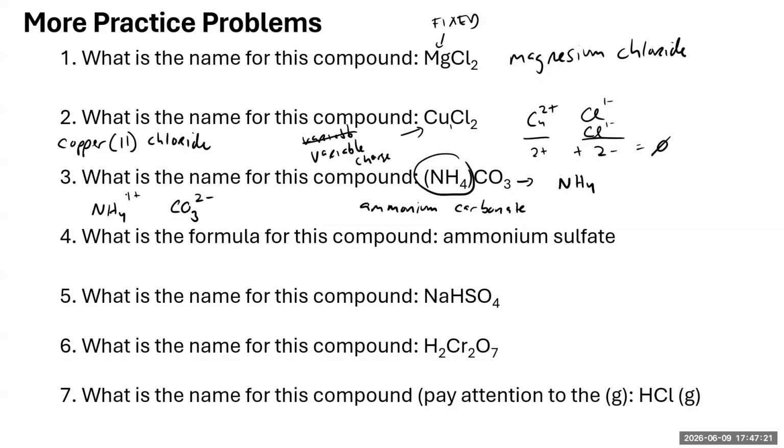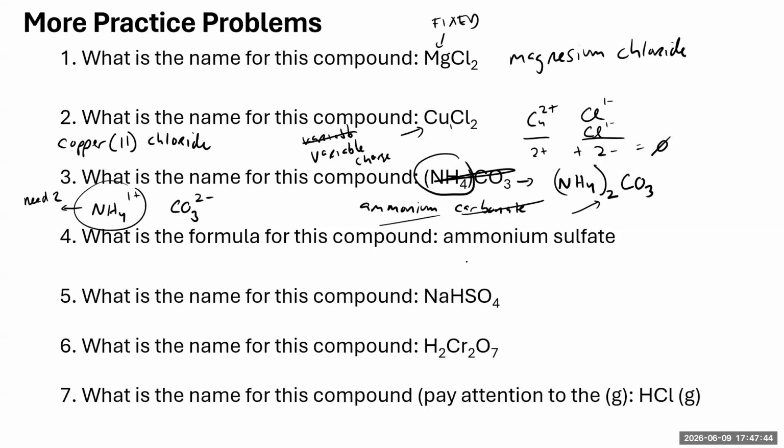So we need 2 of these. So NH4, we have a 2, and this is CO3. So that's ammonium carbonate, but this is the actual formula, NH4 subscript 2, CO3.